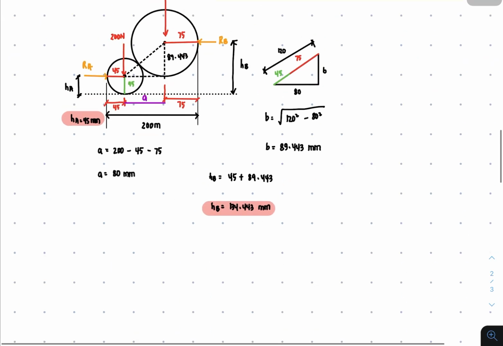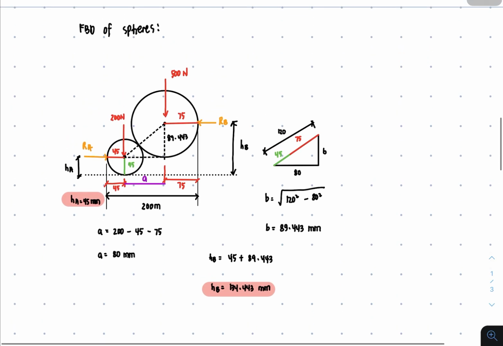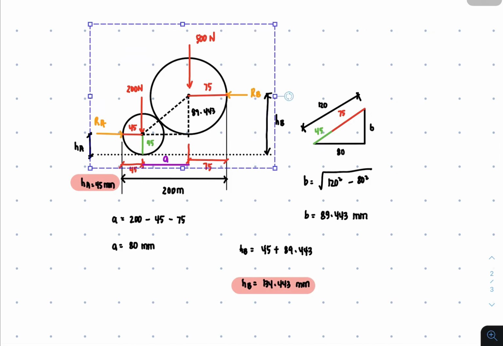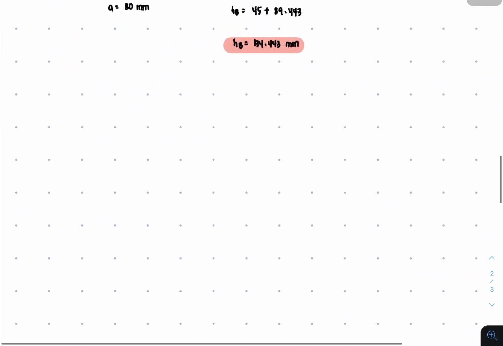Okay, so we're now going to solve for the values of RA and RB. So we need this illustration. This is another free body diagram.